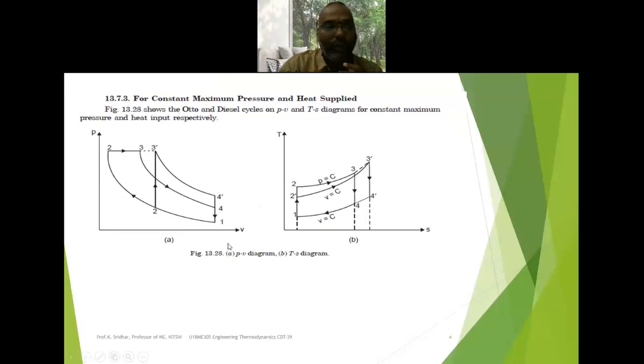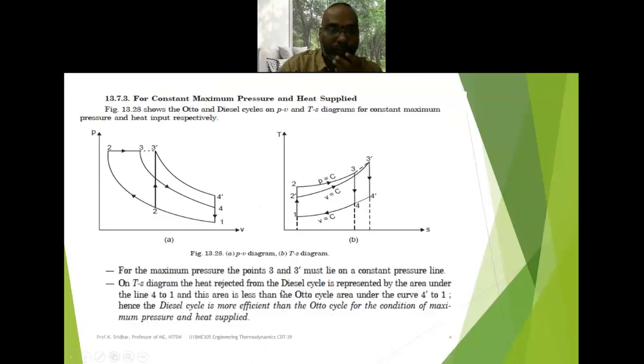Here you can see 1 to 2, the compression of the Otto cycle. Next, a constant volume heat addition 2 to 3 dash. Next, 3 dash to 4 dash is the expansion process, and 4 dash to 1 is the constant volume heat rejection process.